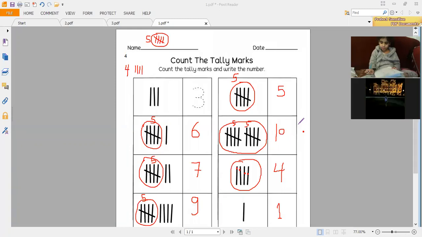Yes, the tally marks. I see them in movies, but they are in jail. The tally marks are supposed to be in the jail. No, not in the jail.